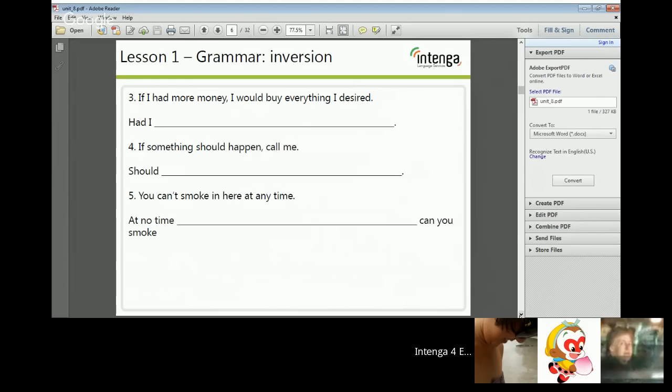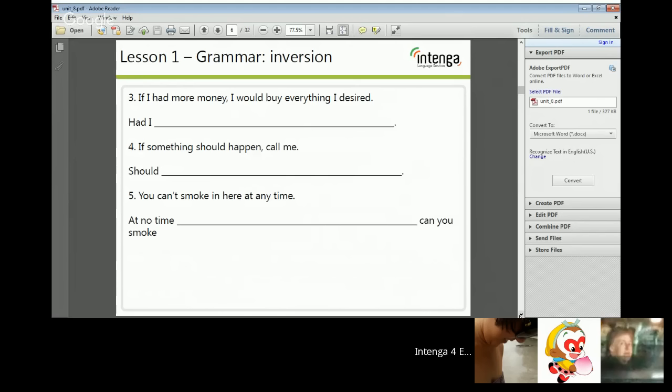Okay. At no time can you smoke. At no time here can you smoke. I wouldn't even put anything in there. At no time can you smoke here is what I think sounds best. I think so too, yes.